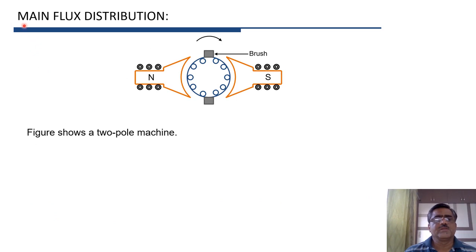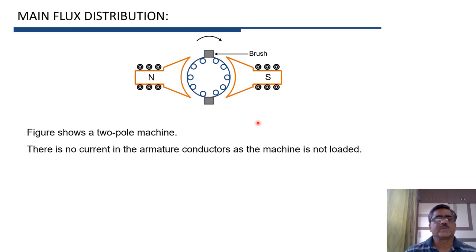Let us now see the main flux distribution if the current in armature conductors is 0. Here a two-pole machine is shown. One pole is north and the second is south. In this case it is assumed that current in armature conductors is equal to 0 as the machine is not loaded.